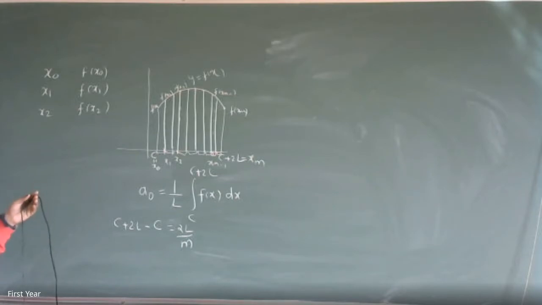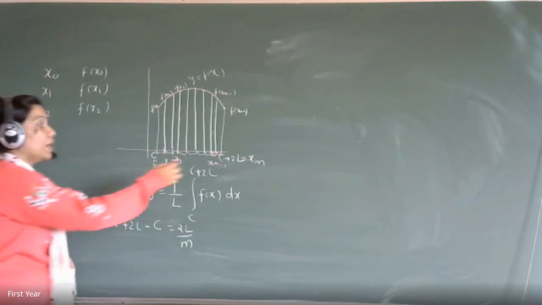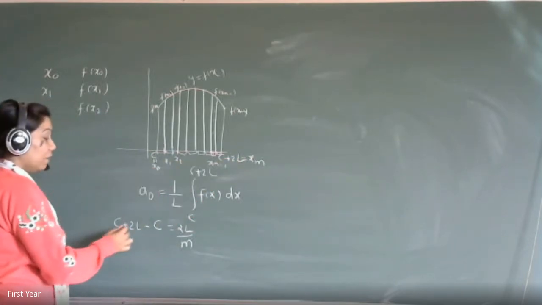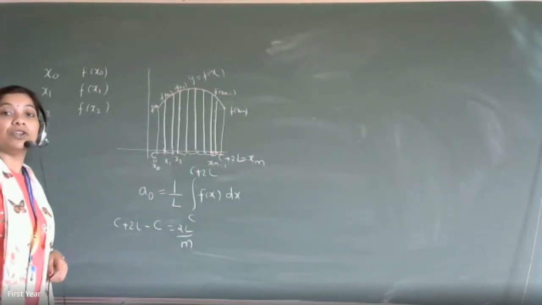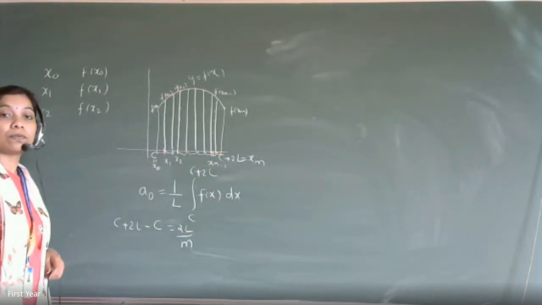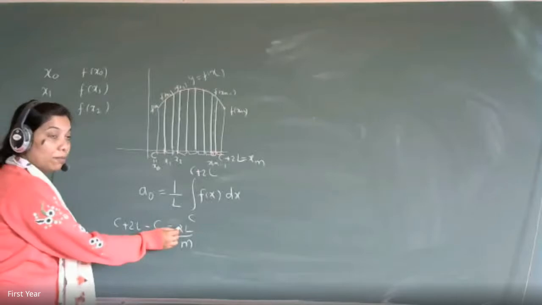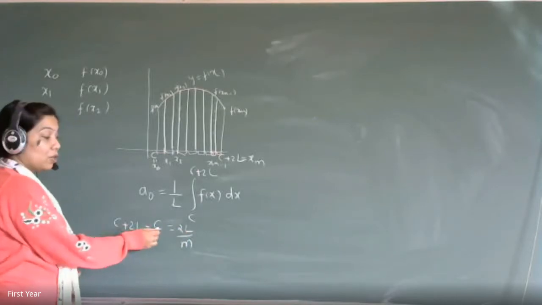What is the total length? C to c plus 2l, meaning upper limit minus lower limit. That is, c plus 2l minus c gives you the total length of the function where it is defined. Yes or no? Which is nothing but 2l, upper limit minus lower limit.